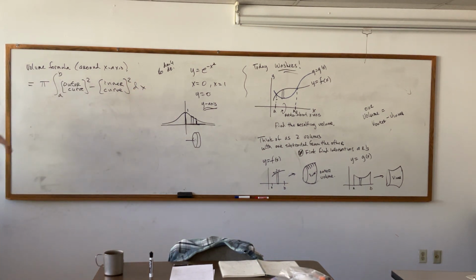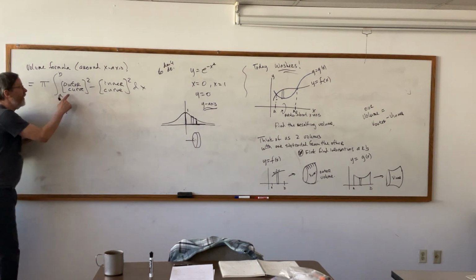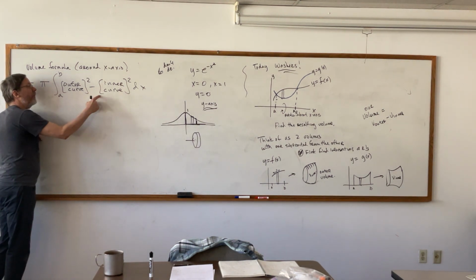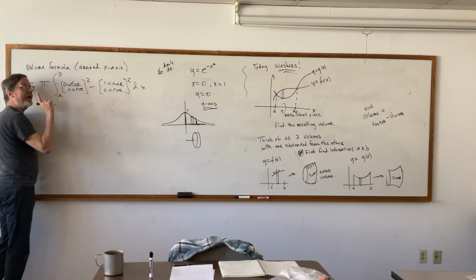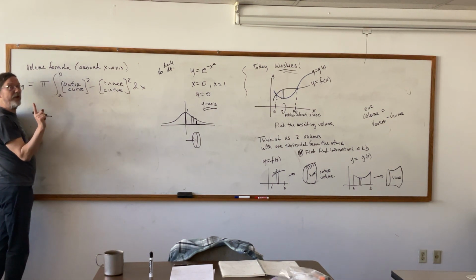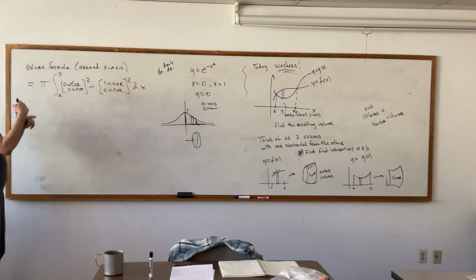Or dy, if you have to do it that way; sometimes we turn it sideways and do the whole thing with slices like this, so just change it to dy if you need to. But for outer curve and inner curve, I don't want to say top and bottom, because that's going to change in just a minute. I don't want that to be the way we think of this. Outer and inner is the way you want your mind wrapped around this.